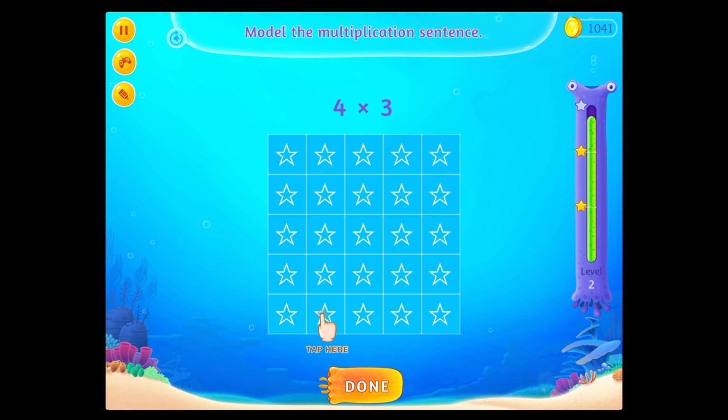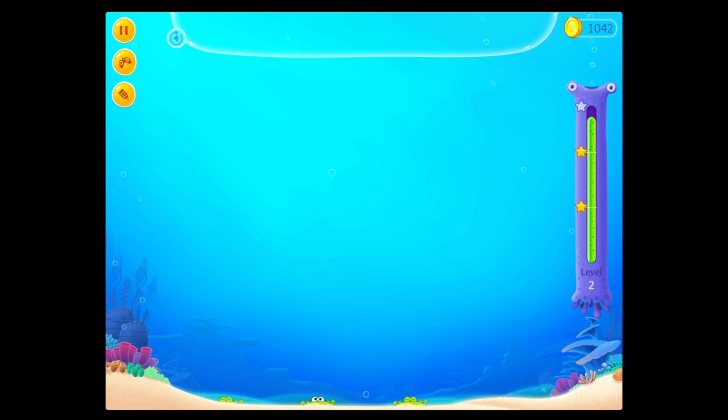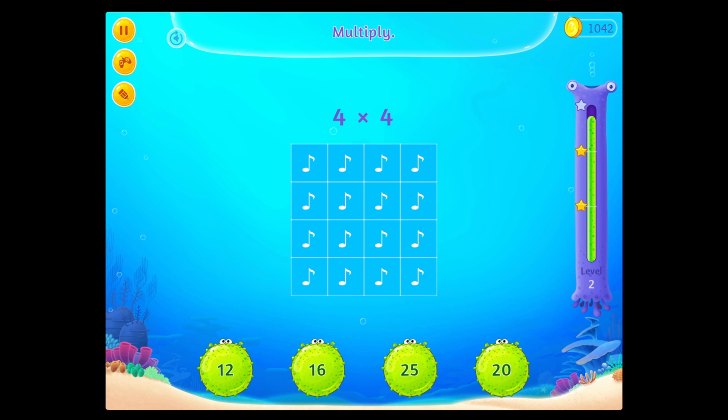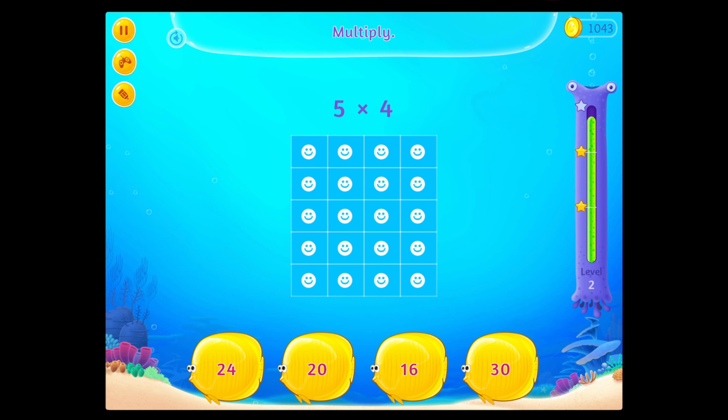Model the multiplication sentence. You rock! Multiply. You rock! Multiply.